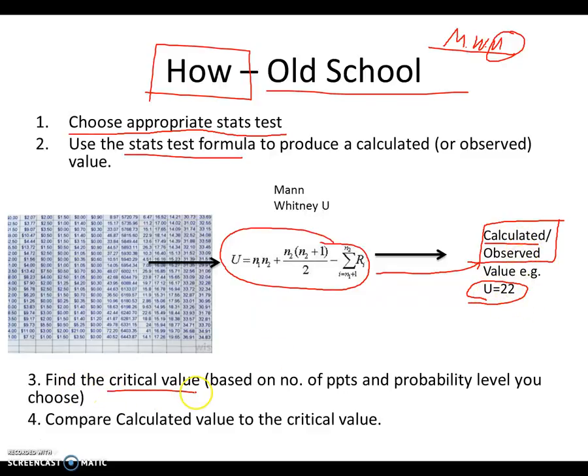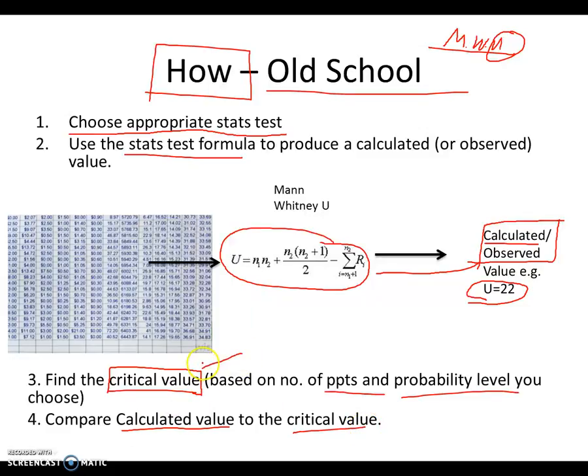We then need to find the critical value based on the number of participants and the probability level that we have chosen to work with. So the critical value, if you want to think about this, is always the same over the years, depending on the number of participants and probability. You're not calculating this. And we're going to compare the calculated value to the critical value.